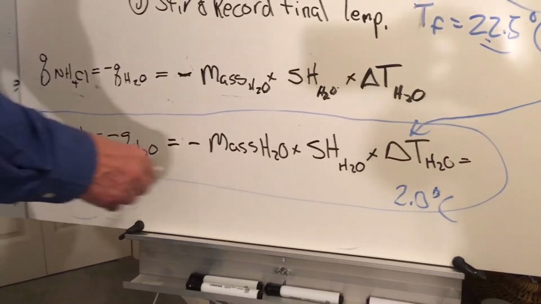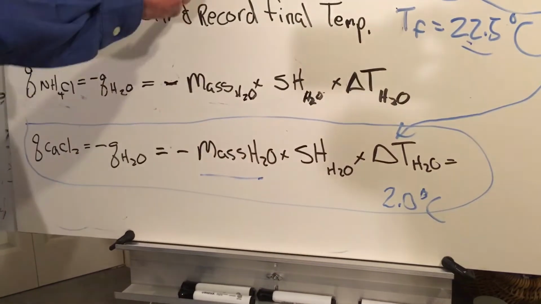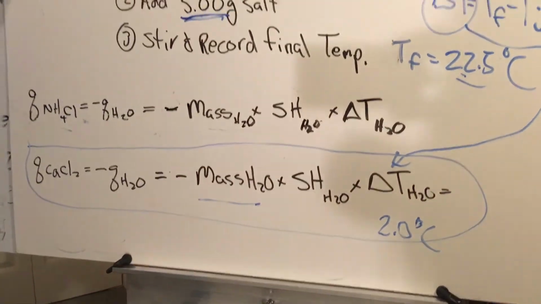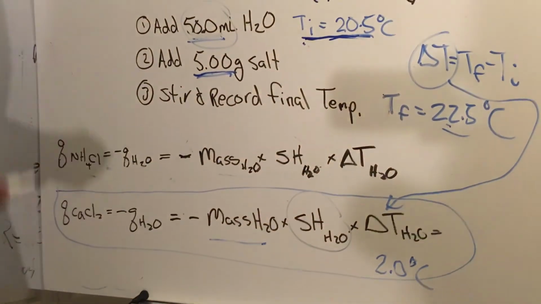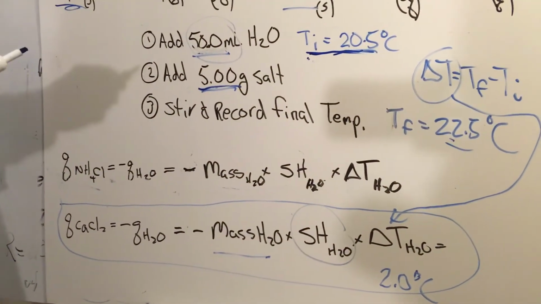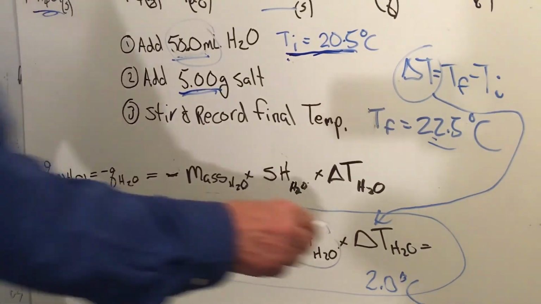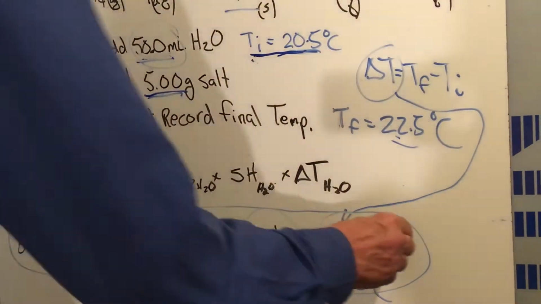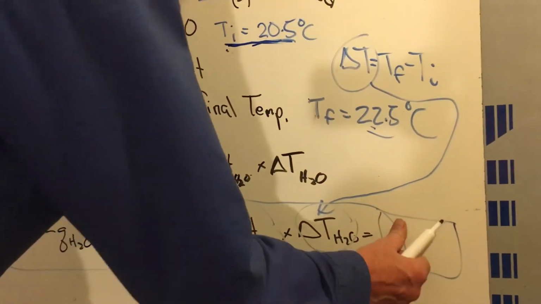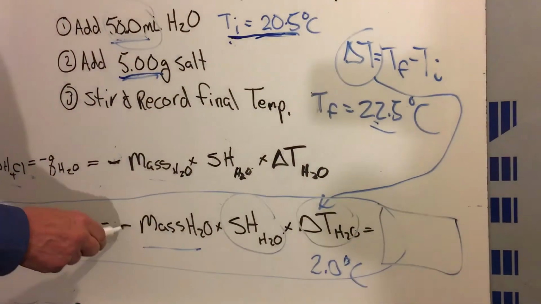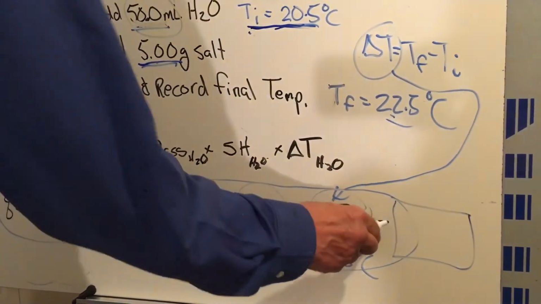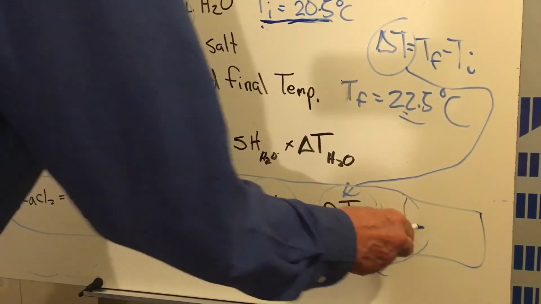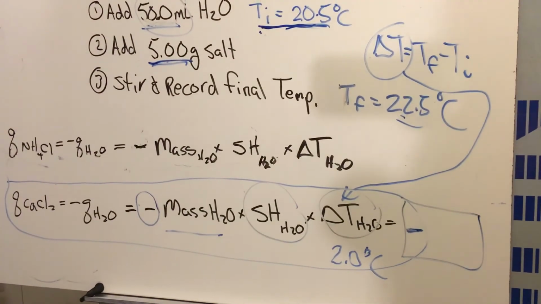Heat of the water is given by the mass of the water, which is 50 grams, because each mL of water is 1 gram per mL, specific heat capacity, which is 4.18 joules per gram per degree C, and our delta T. And that would give you your heat of reaction. And notice we have a negative. Don't drop that negative. And that negative times a positive temperature change is going to give us a negative heat of reaction. It'll be an exothermic reaction, or it is an exothermic reaction.